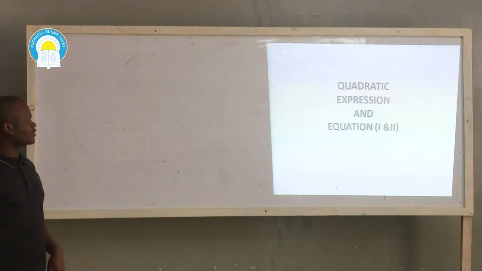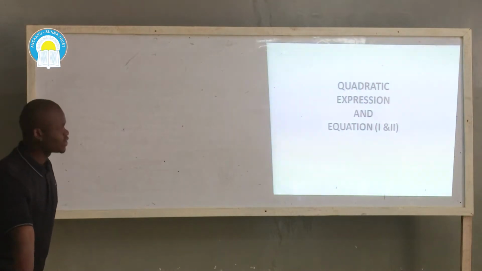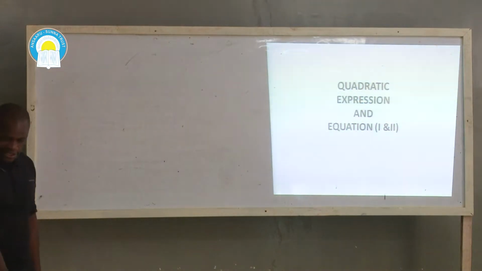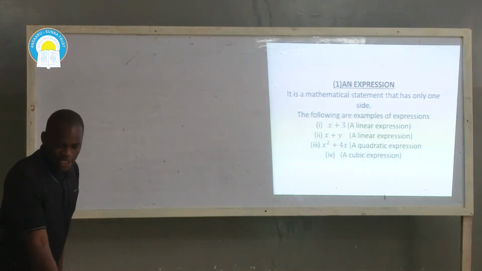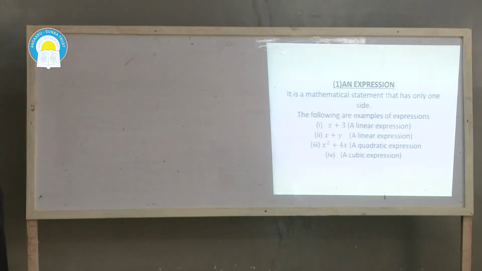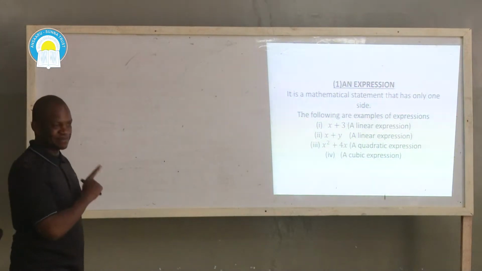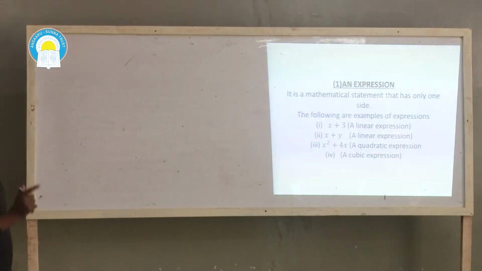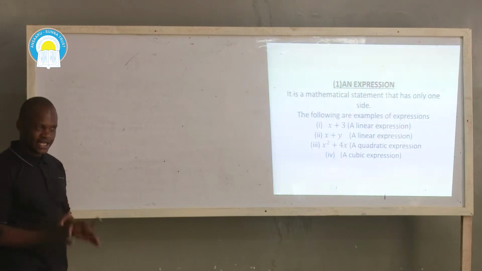Are we together? So today we look at what? Quadratic expression and equation. And now, to begin with, the first thing we're going to look at is what we call what? An expression. Because now we normally have this key problem. Students don't know to differentiate between an expression and an equation.